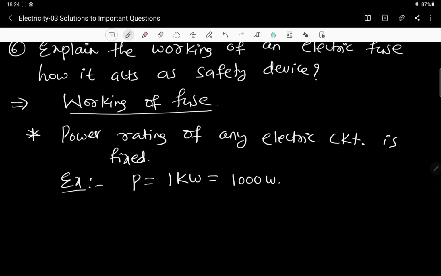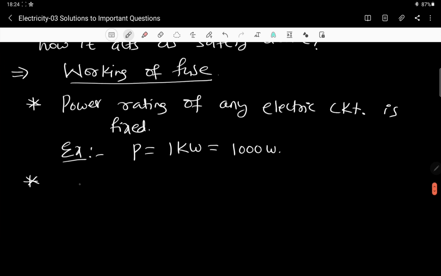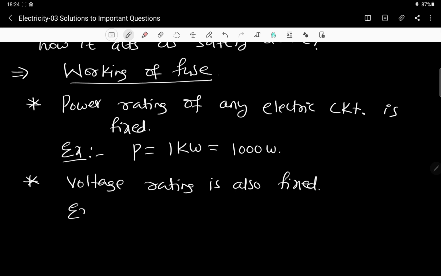Now the voltage rating is also fixed. In India the voltage rating is 220 volt, so irrespective of whoever you are, your home will be provided with 220 volt.